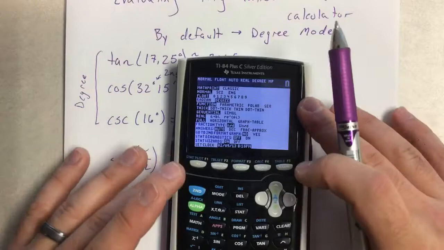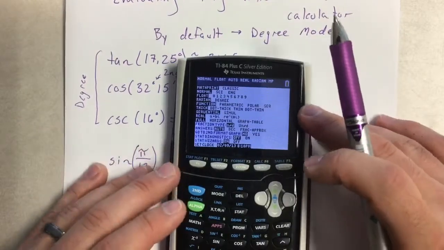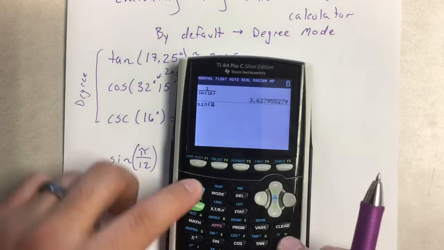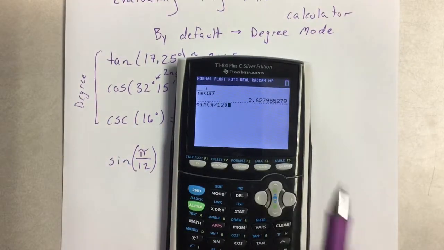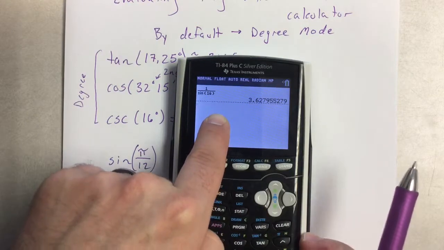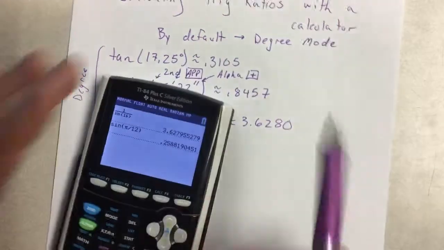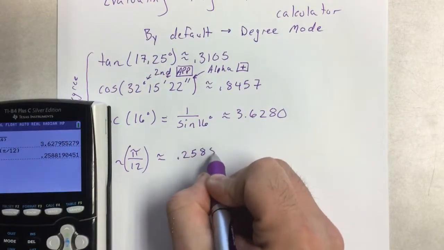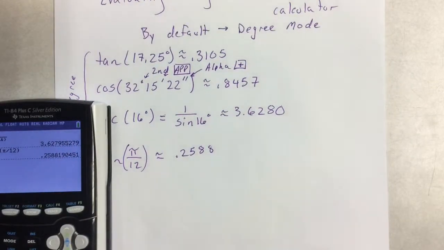We're actually going to use radians now. So we can set it to radians, and then I do sine of pi divided by 12. Now it's recognizing that this is an angle measure, and we get 0.2588. Let's just try another.